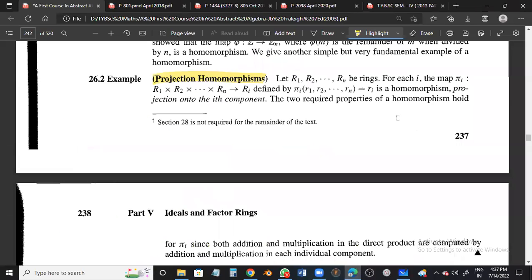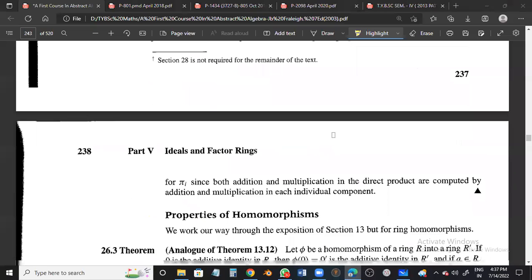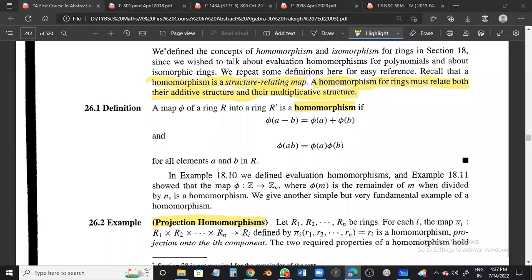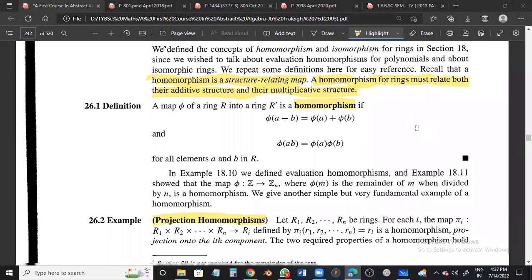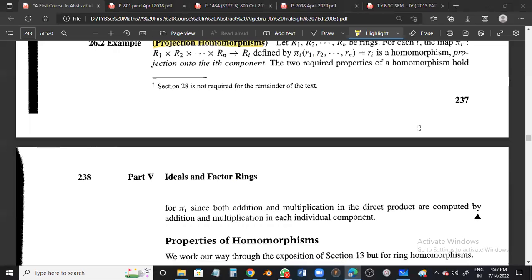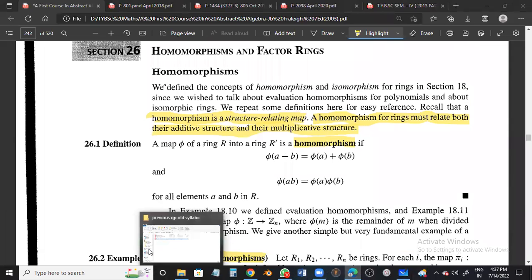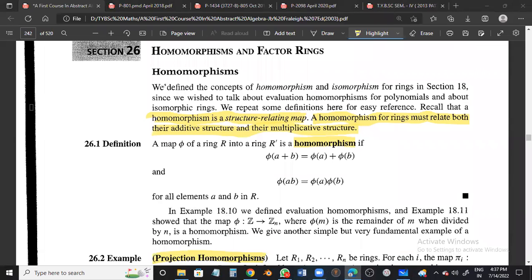So I think you got the concept of what is homomorphism. I have already shared this with you. I hope there is no problem in understanding this. Do you want this in written form? How many of you want this in written form? Let me know. Jyoti, you want it in written form? No, ma'am, I've understood.